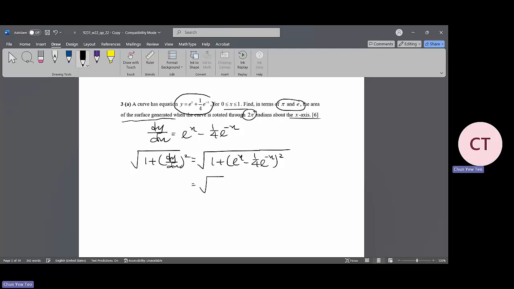So if you expand them, you get 1 plus e^(2x) minus the half, then 1 over 16 e^(-2x). So if you simplify it, you will get this.